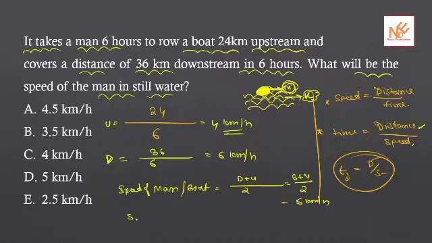And the speed of the stream? It is (d minus u) divided by 2, so (6 minus 4) divided by 2, equal to 2 divided by 2, equal to 1 kilometer per hour.